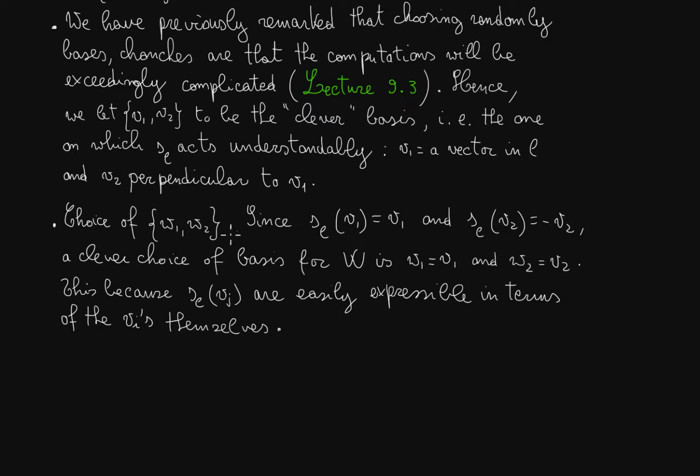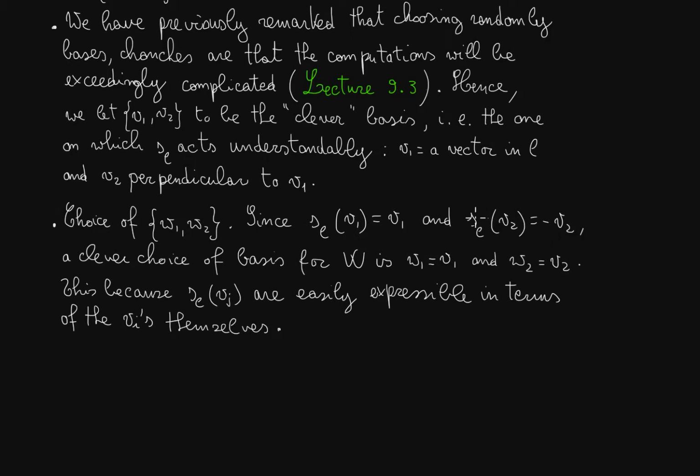a clever choice of basis for W is to let W1 and W2 be equal to the respective bases of the domain. This is because the images, V1, which lives in W in the codomain, and also negative V2, which lives in W in the codomain, are very easily expressed.